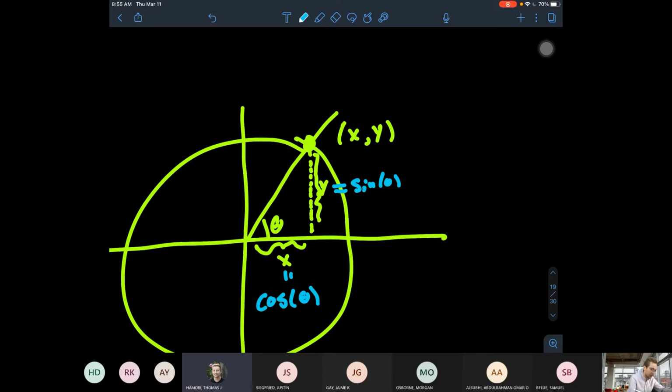So cosine theta tells us, given an angle, and I want to get to this point right here, I should walk cosine theta units to the right or left. And sine theta tells us about how far up and down we should go to get to those points. Okay?